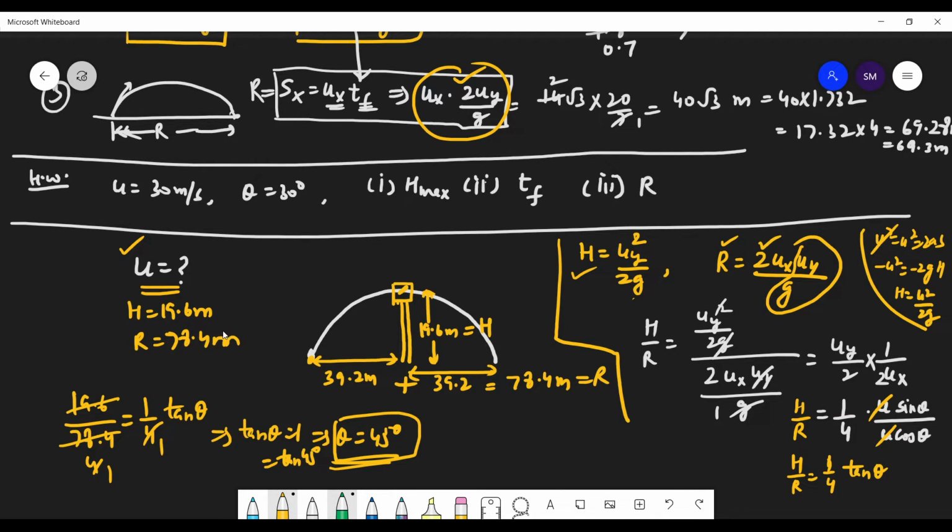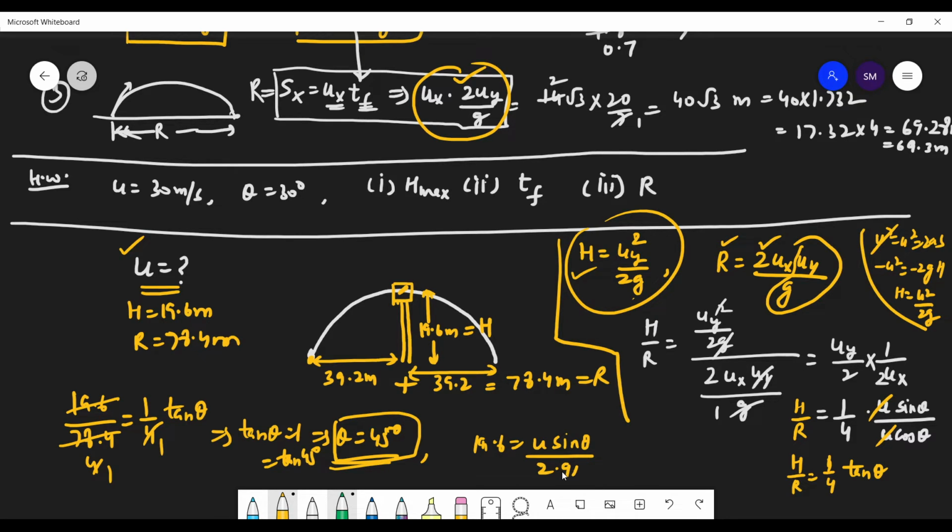Now you can use either of these two formulas. You know h. So h is 19.6. Put the value: what is uy? Uy is u sine theta, divided by 2g, 2 into 9.8.